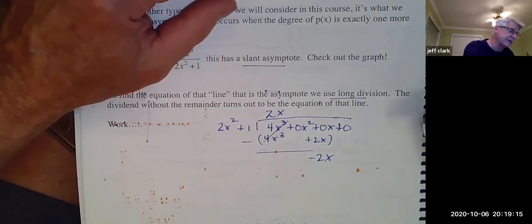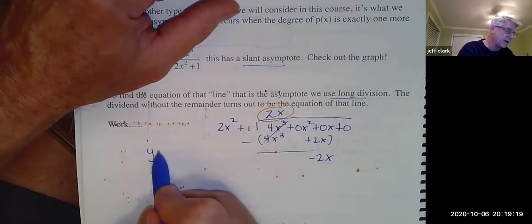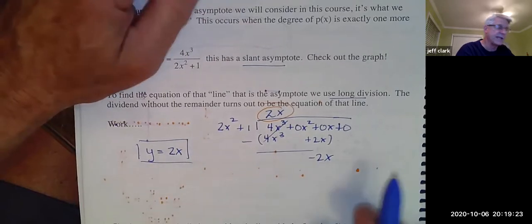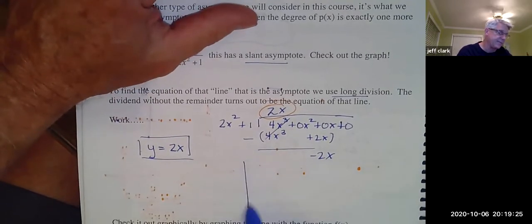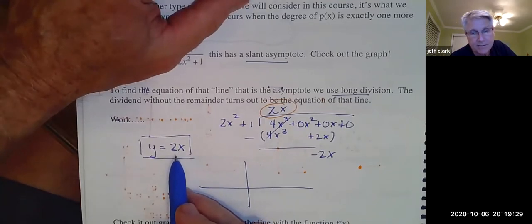So it turns out that this right here, the equation of the line, y equals 2x, is what they call the slant asymptote. And if you graph this, that's y equals mx plus b, the slope-intercept form. So the y-intercept is 0 because I don't see a b.